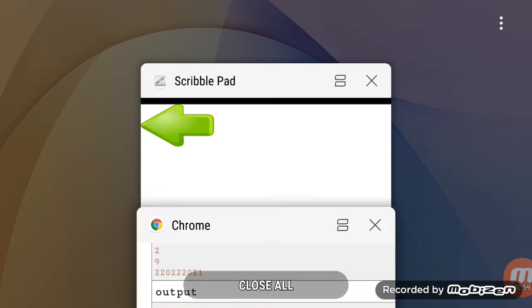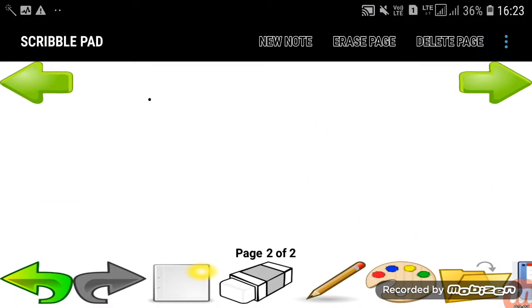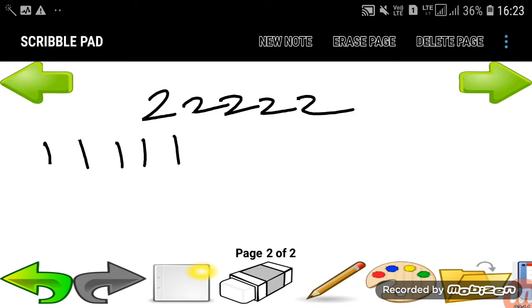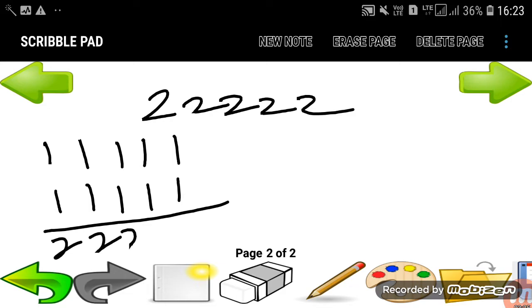Okay, now let's see 22222. What are all the possible answers for this? Let's say they are given the answer as 11111 and 11111. If you take the ternary XOR, it is obviously 1 plus 1 mod 3 is 2, everything is 2.